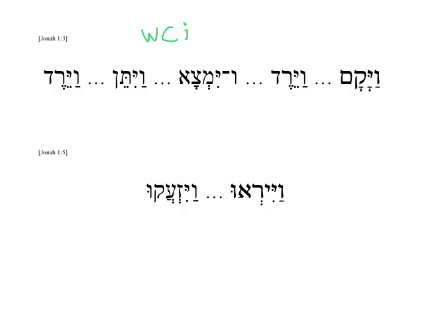So the verse goes, and Jonah arose, and he went down to Joppa, and he found a ship, and he gave them fare for the passage, and he went down into the hold. So kind of the way the story goes is, and Jonah rose up, and then he went down, and then he found, and then he gave, and then he went down.